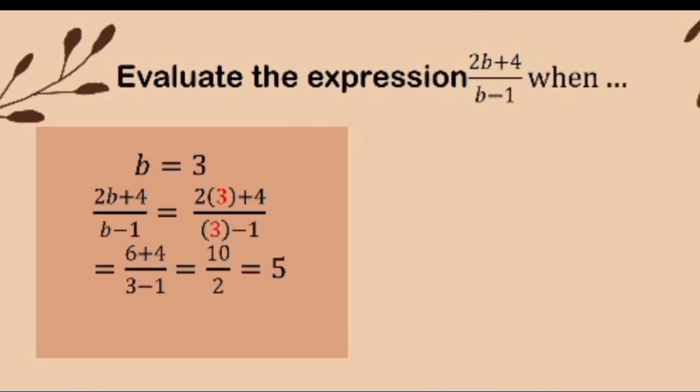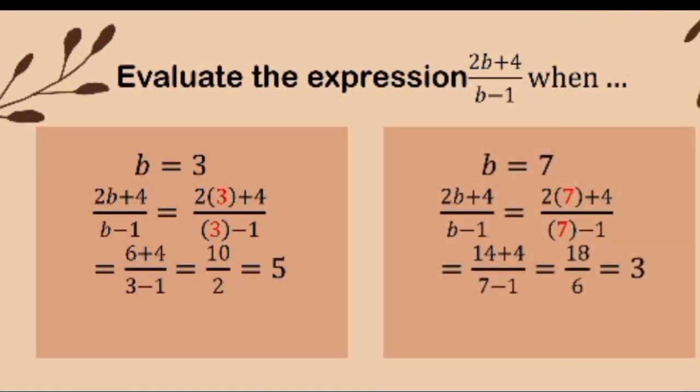Substitute the value of b, so it will become (2 times 3 plus 4) over (3 minus 1). 2 times 3 equals 6. Then copy the positive 4 over 3 minus 1. 6 plus 4 equals 10 over 2. So, 10 over 2 equals 5.